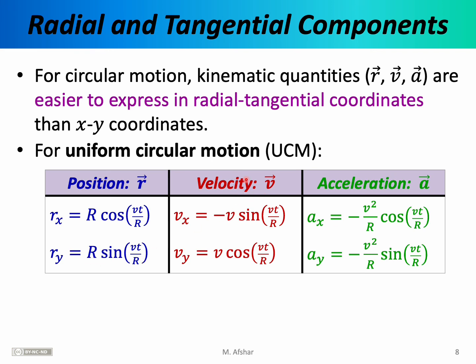The velocity vector has an x component and a y component, and here they are. And the acceleration vector also has an x component and a y component, and here they are. We've derived these. Each one of these is essentially a derivative of the previous kinematic variable.